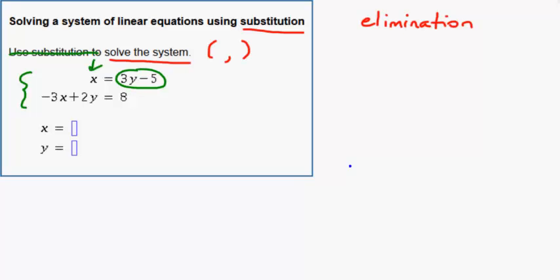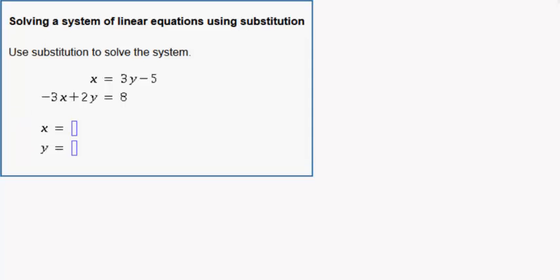If you're given a system in which you already know what one of your variables is equal to in terms of an algebraic expression, then substitution is the easier process to use. Of course, that's a personal choice, but because it's already solved for one variable, substitution will probably be the best way. The instructions also say to use substitution, so we will do that.